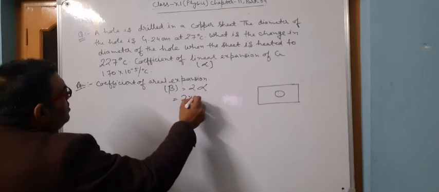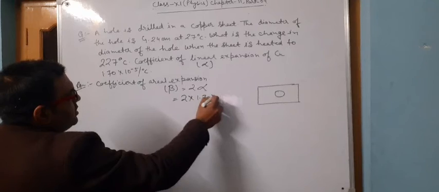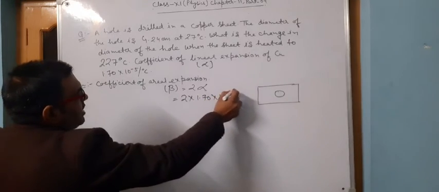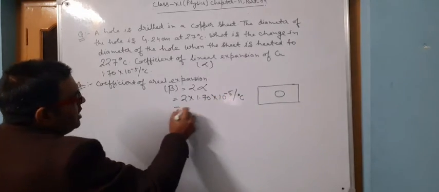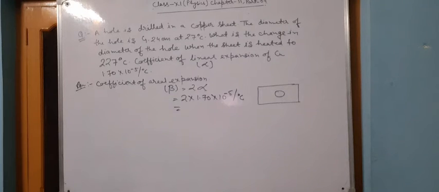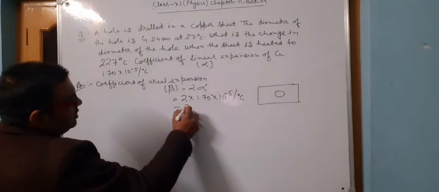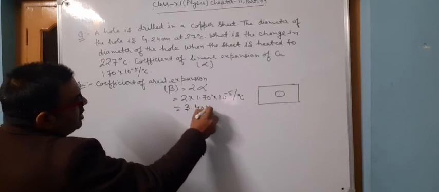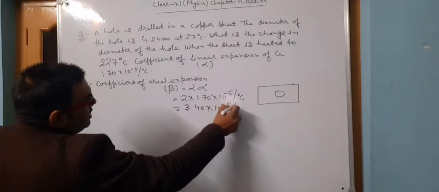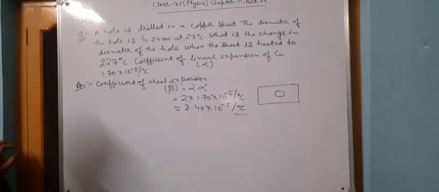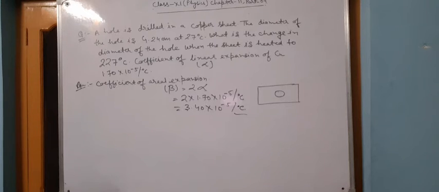So 2 into 1.70 into 10 to the power minus 5 per degree Celsius, and on multiplying it we will get the value 3.40 into 10 to the power minus 5 per degree Celsius. We have got the value of beta. Now initial diameter is given.